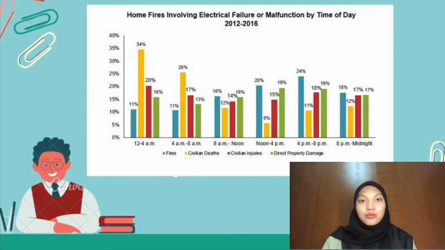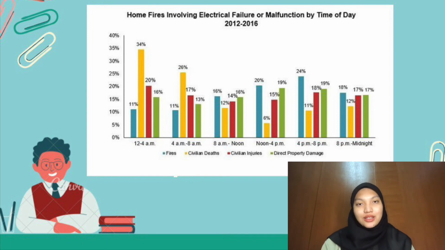At 8 p.m. to midnight, we can clearly see there were not many cases at that time. For fires, there was a slow drop from 24% to 18%.